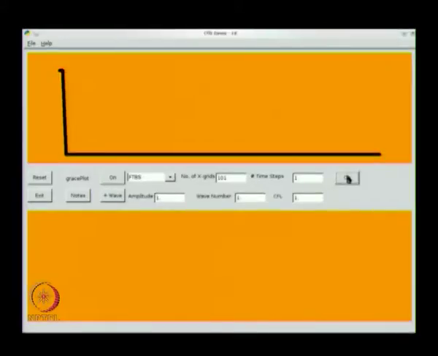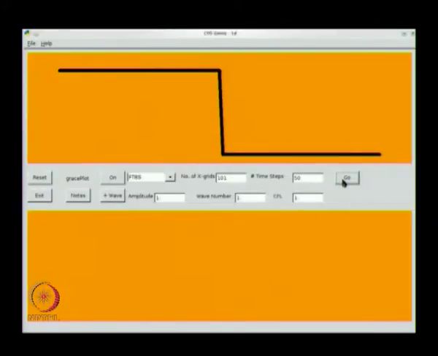FTBS, of course, I will take one time step, let me reset that just for good measure, and as you would expect, FTBS with sigma equals 1 behaves the way we expect it to behave. In fact, if I reset it and take 50 time steps, it makes it halfway.